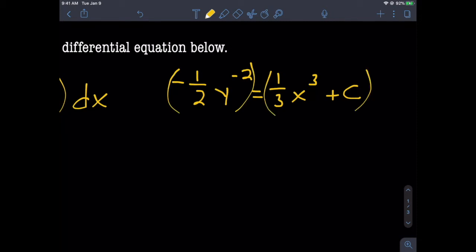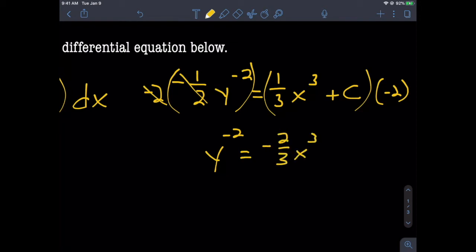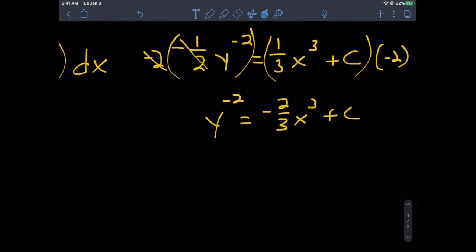And we'll do that by multiplying both sides by its reciprocal, negative 2. This, of course, cancels out the negative 2 and the negative 1/2, and that's going to leave us with y to the negative 2 equals negative 2/3 x cubed, and then a constant times any number is still just a constant, so we'll leave it as plus c.